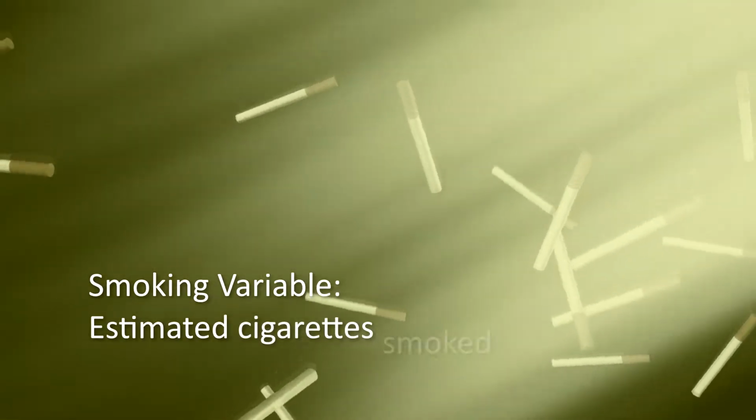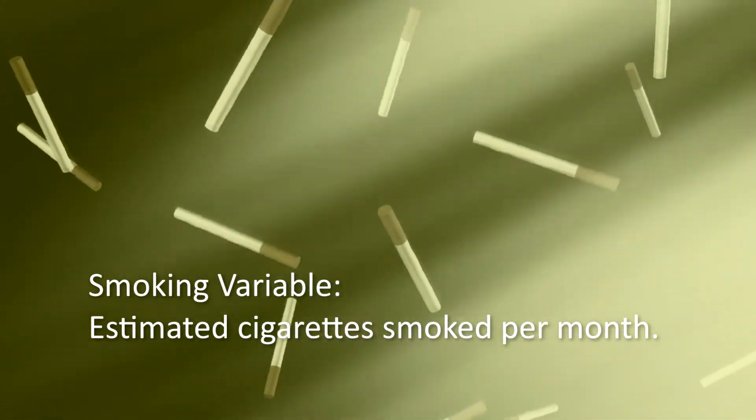Now we'll graphically display the frequency distribution for the smoking variable, that is, the estimated number of cigarettes smoked per month, numsigmo_EST. Because numsigmo_EST, which is the estimate for the number of cigarettes smoked per month, is actually a quantitative variable, the syntax we use in the Stata program is slightly different.